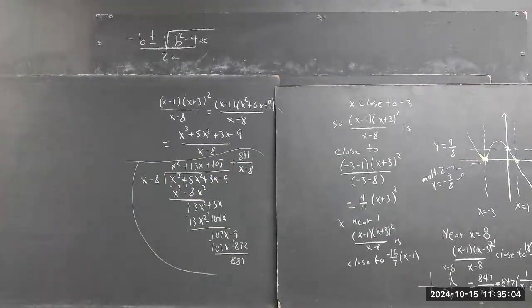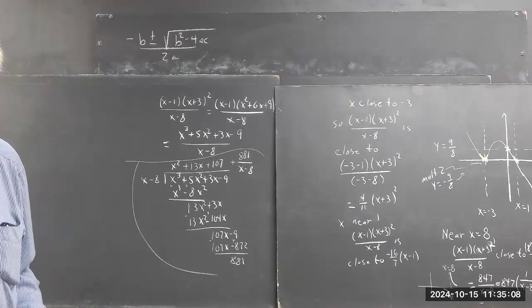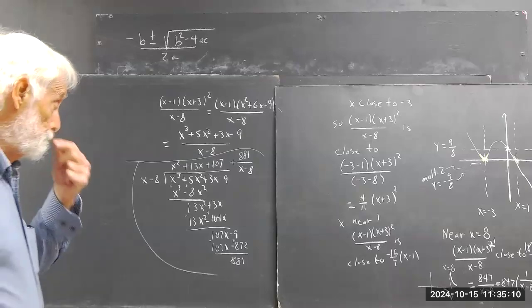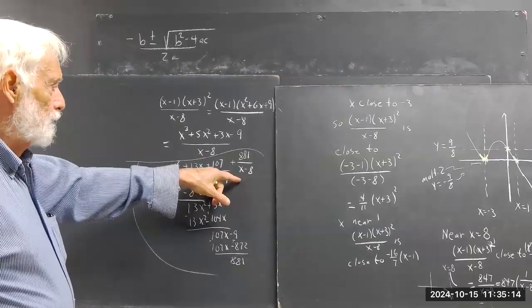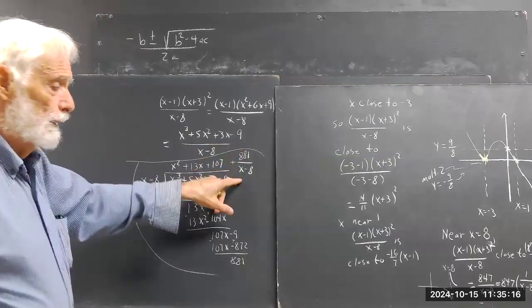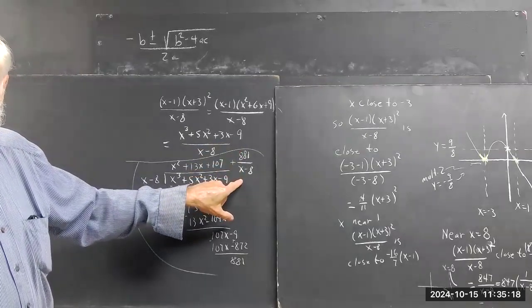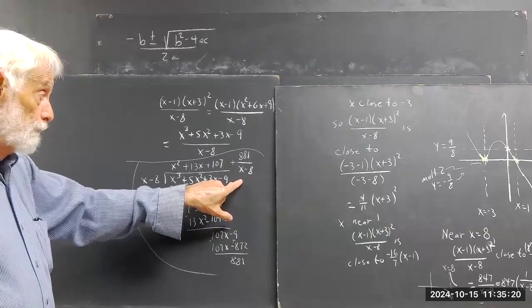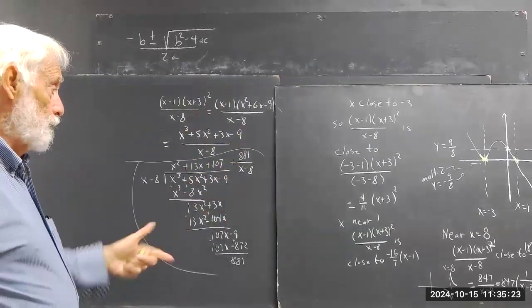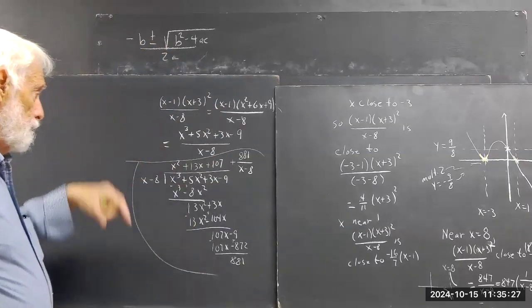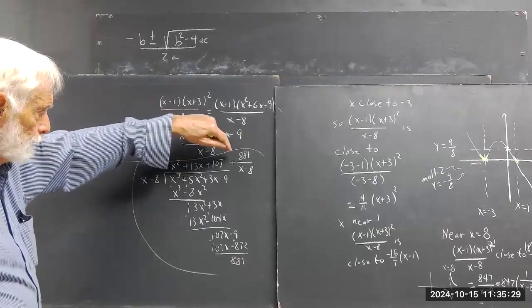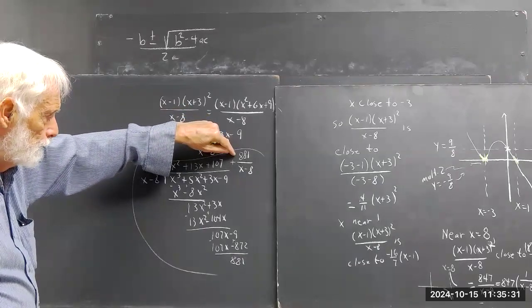The point is that if x is really big, then 881 over x minus 8 is 881 divided by something really big. It doesn't amount to much. Like if x is 1,000,000, you have basically 881 over 1,000,000, which is 0.0009 if you want to round off. It doesn't matter. This becomes insignificant.